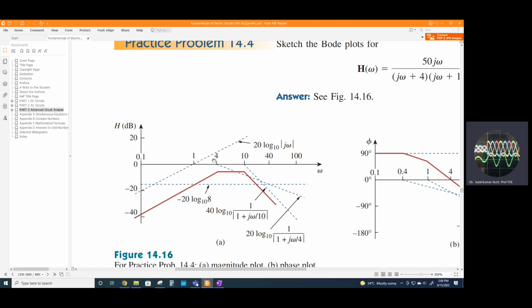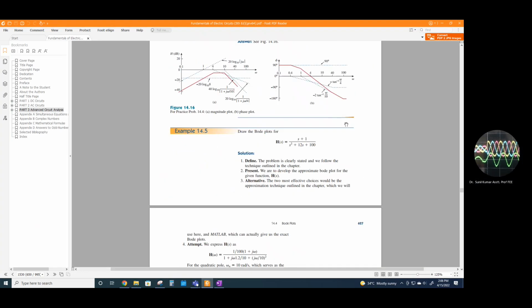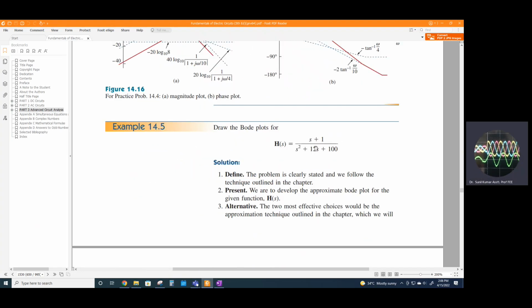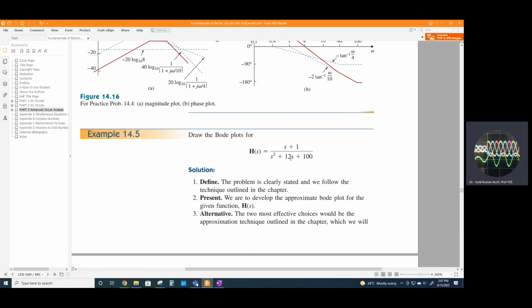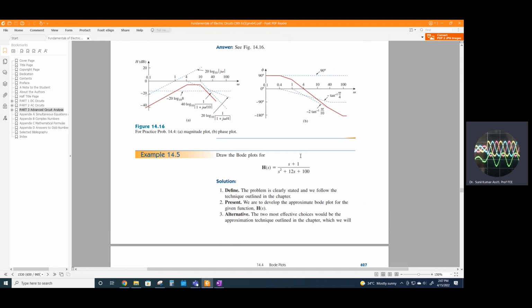Now after that, here in this example 14.5, you will see that the transfer function has some quadratic roots, and we haven't considered or discussed the quadratic roots yet.